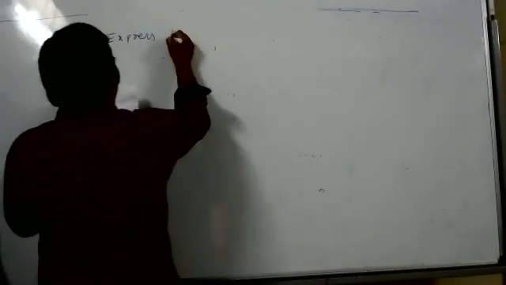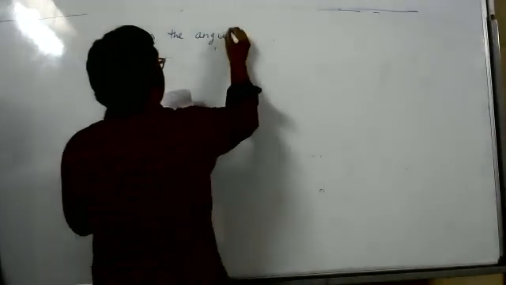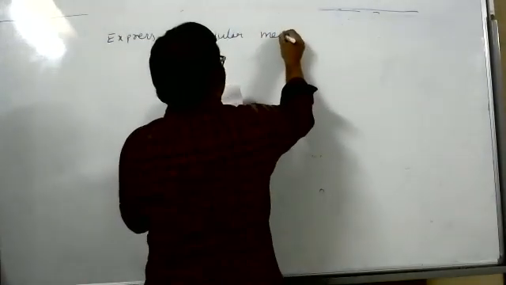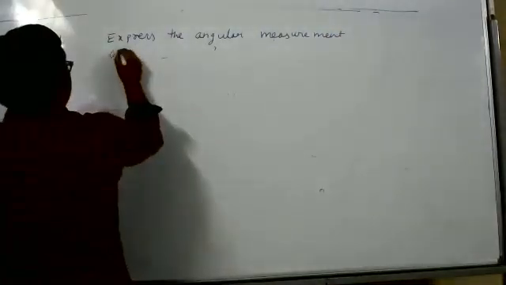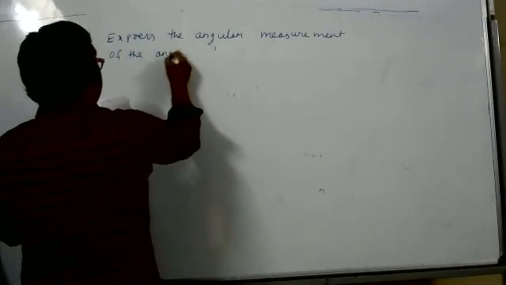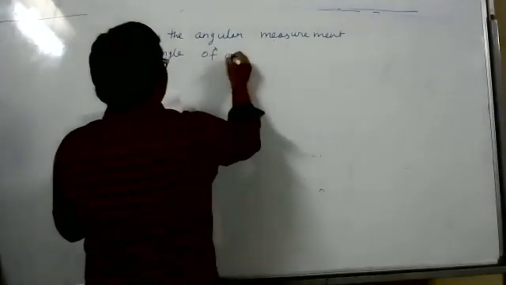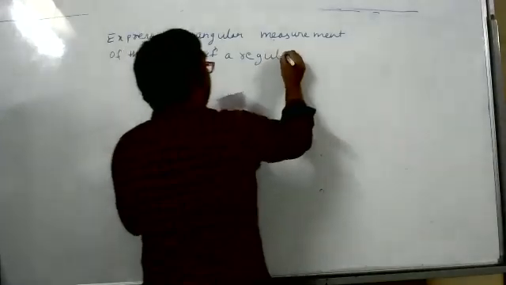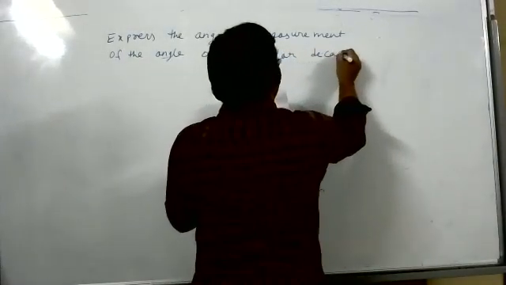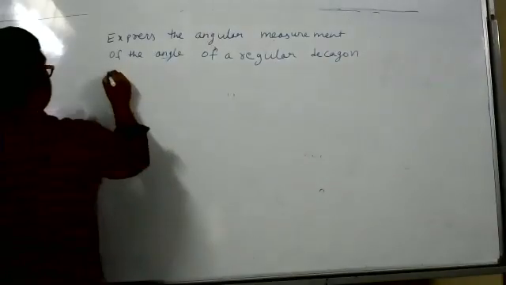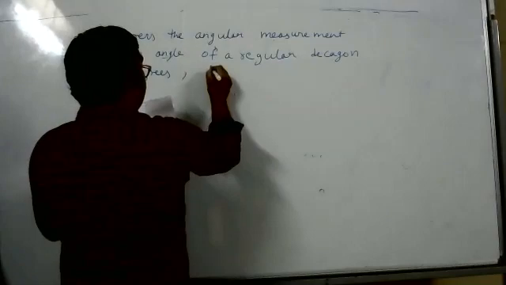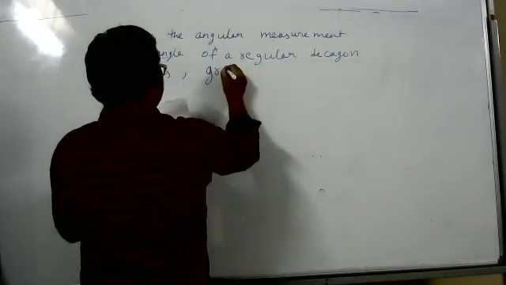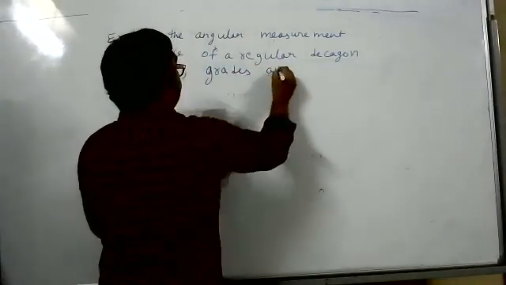Question is: express the angular measurement of the angle of a regular decagon in degrees, grade also, and radian.